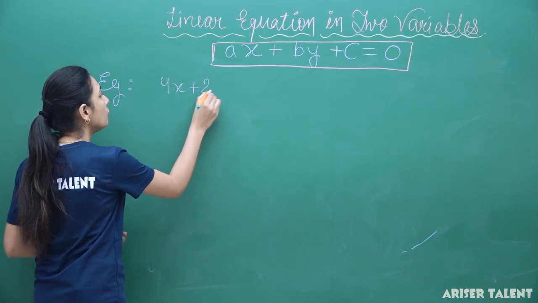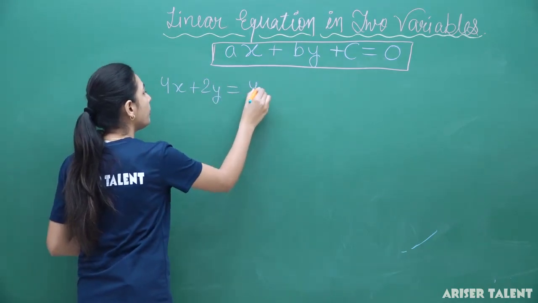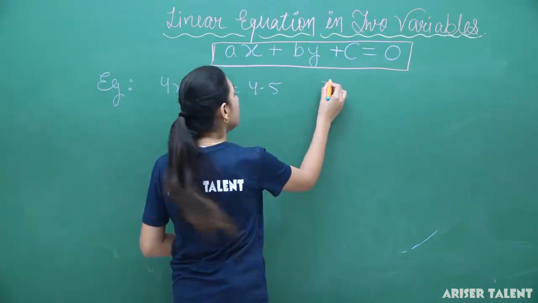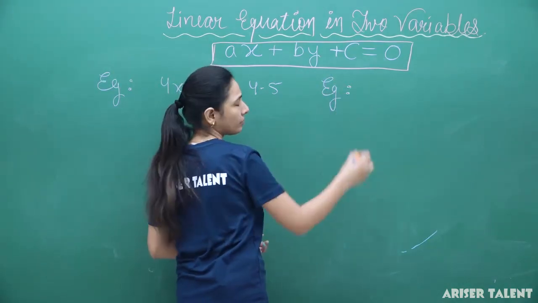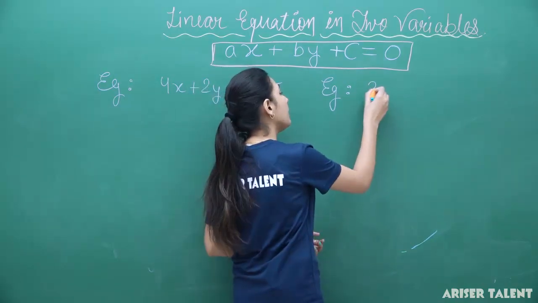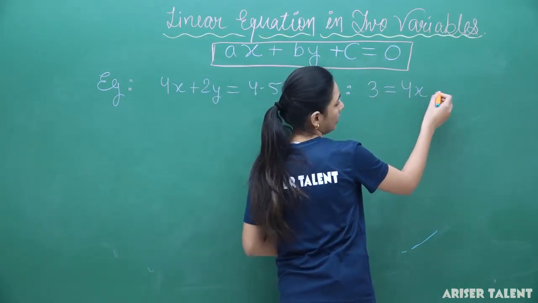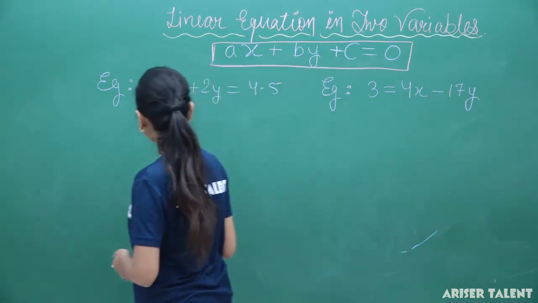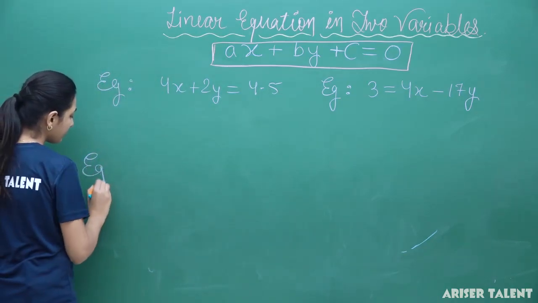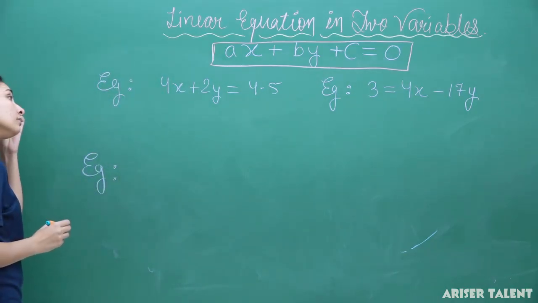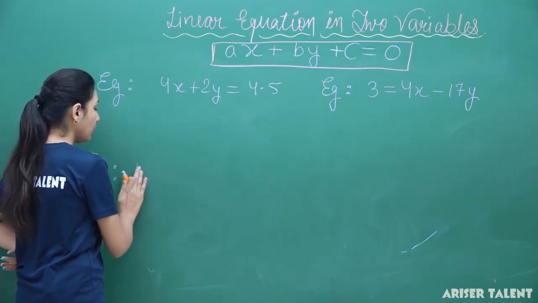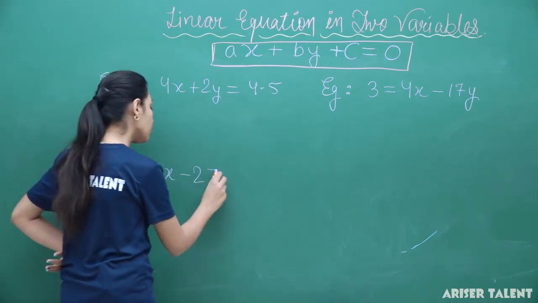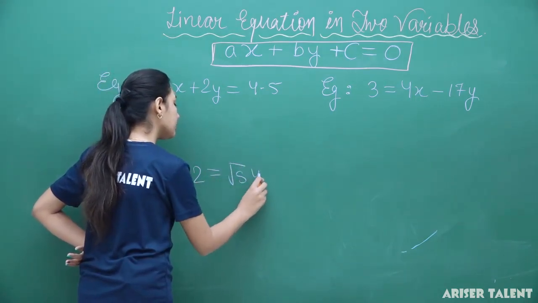Now examples. I may have this example like 4x plus 2y equals to 4.5, right. Then I may have example like 3 equals to 4x minus 17y. Then I may have the next example as root 2x minus 2 equals to root 5y.